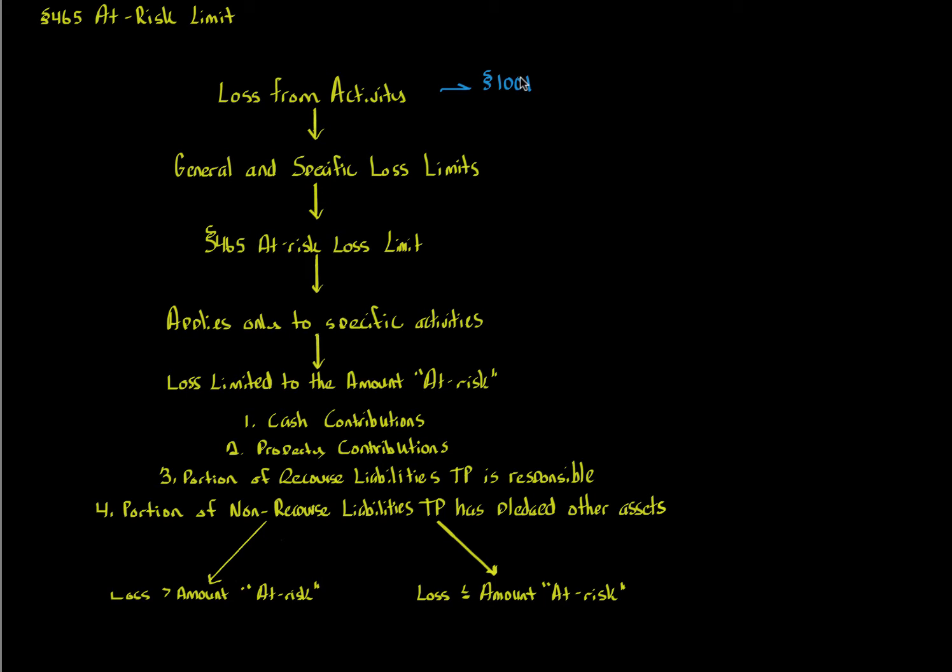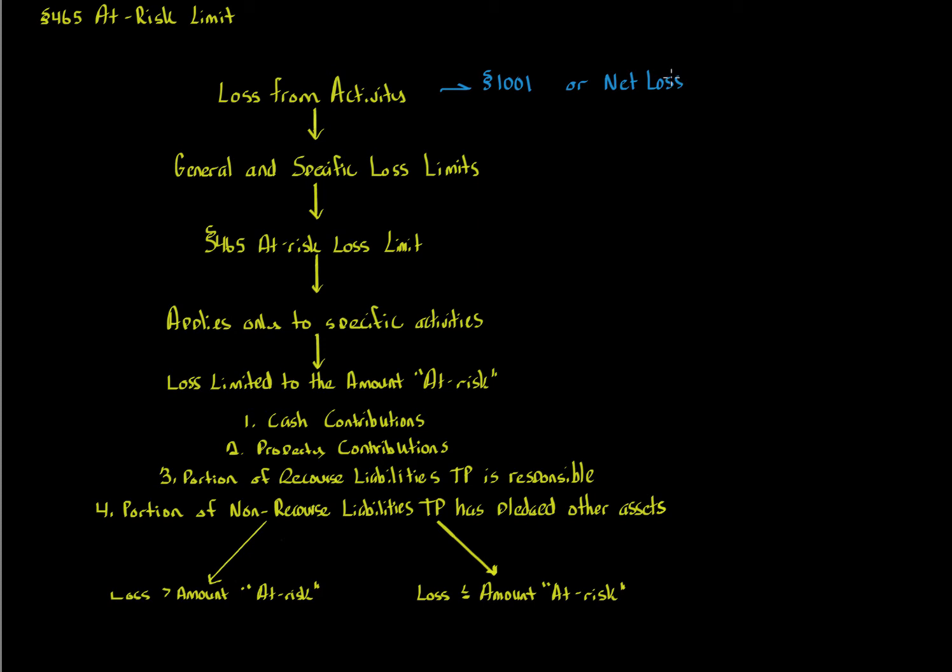For example, if you only have $10,000 of income from your sole proprietorship for the year, but you have $15,000 in related deductions, you have a $5,000 loss. The question becomes, can the taxpayer actually deduct that $5,000 loss on his or her return? So it's not simply just the Section 1001 sale or other disposition, it's also a net loss from an activity.